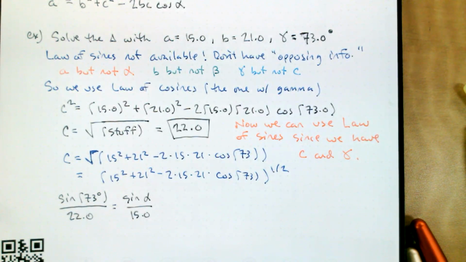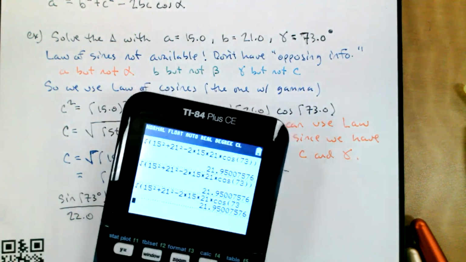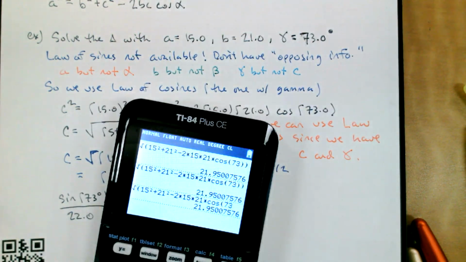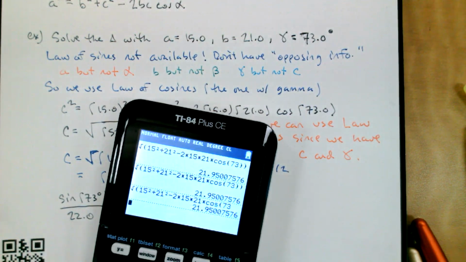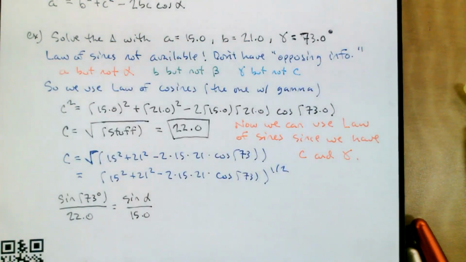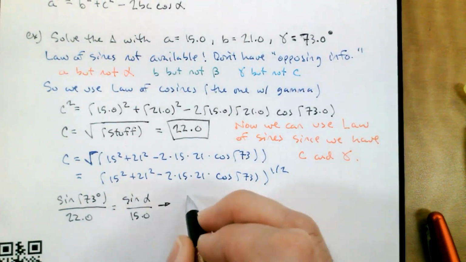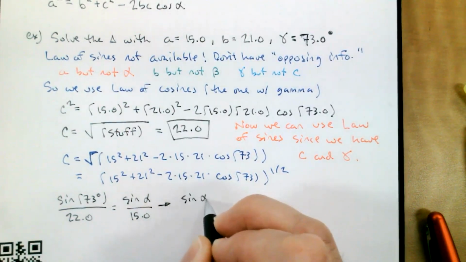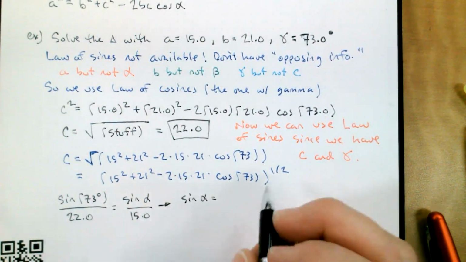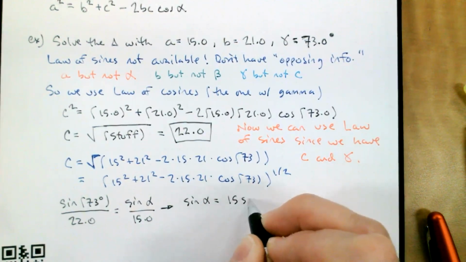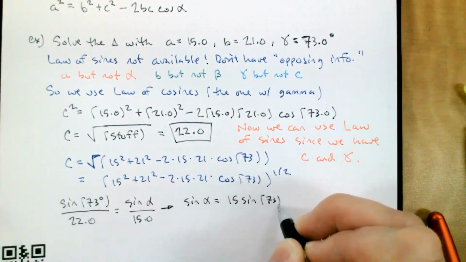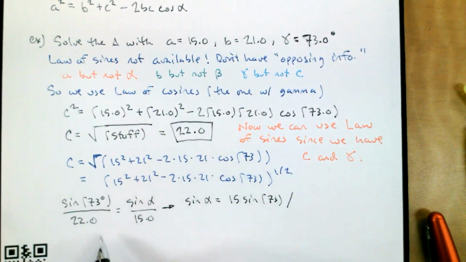I'm going to make sure that I remember that 22.0 has been rounded. So I'm going to use that whole thing from our calculator, 21.95007576. It's the most recent number we have, so we have a button for it. So this says that the sine of alpha is 15 times the sine of 73 divided by 22.